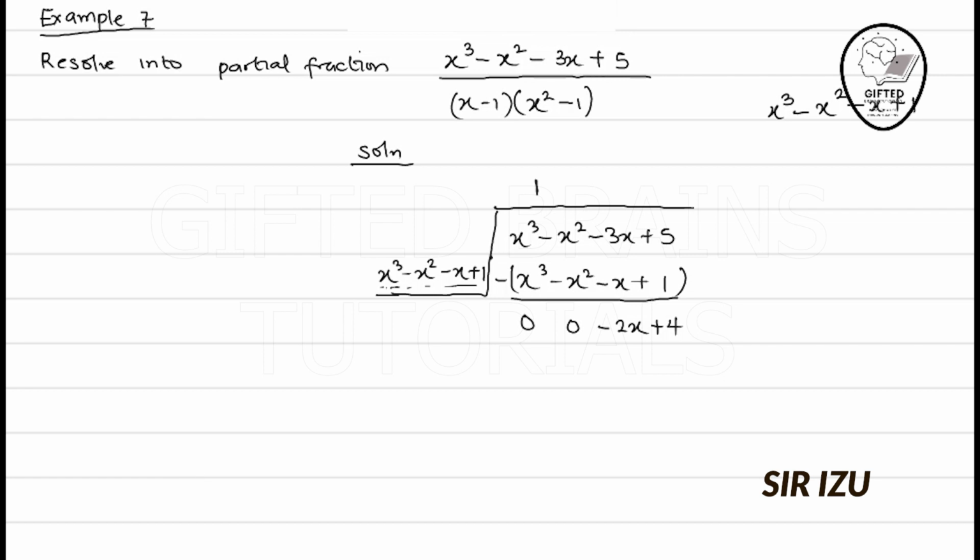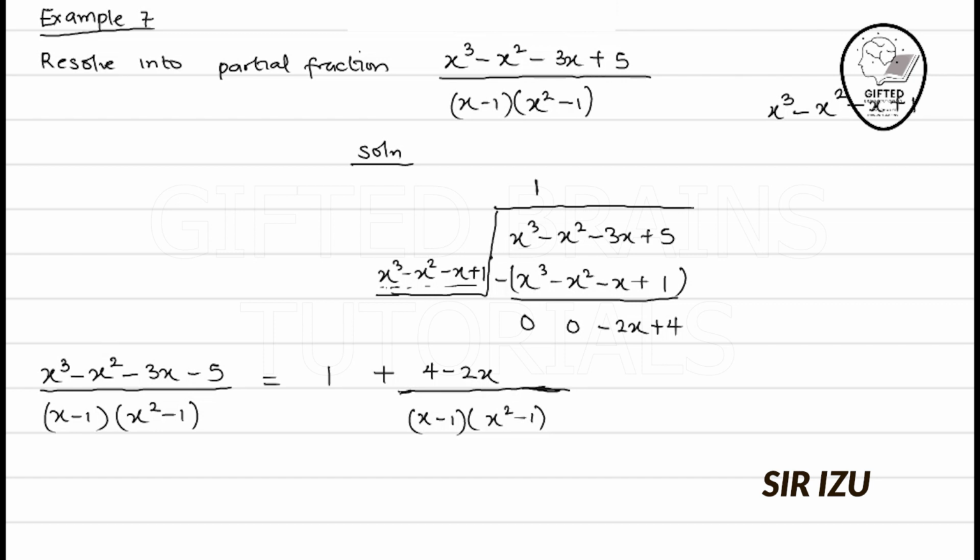Hence, this question can be expressed as this. So this is how the question will be written. Now, we will resolve this part into partial fractions because this one is not a fraction, but this part is a fraction. That's what we resolve into partial fractions. So let's resolve that into partial fractions now.